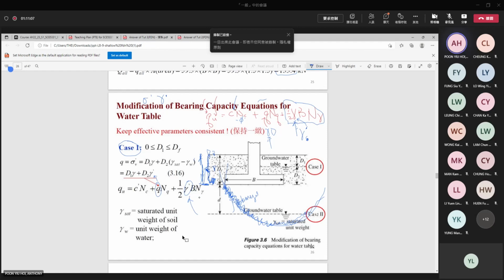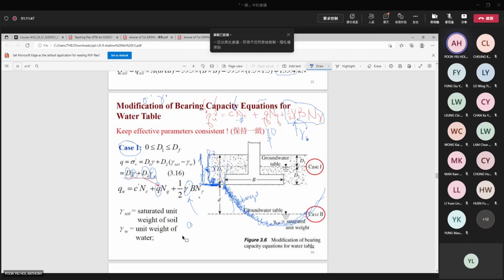For this term, we calculate it directly, just like how we calculate effective stress. If it is submerged, we calculate piece by piece: the dry soil multiplied by its depth, and the submerged soil multiplied by the submerged height, following effective stress. So for this term, the effect of water will actually affect the effective stress. And for case 1, if water is above the bottom of the foundations, then all this is submerged.